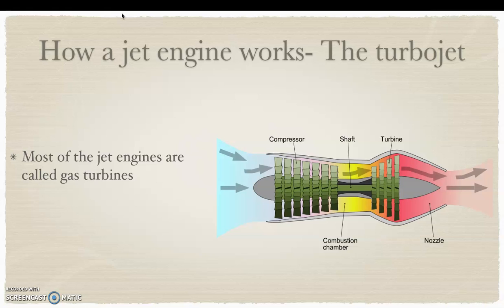For our STEM project last week, I did see several students who created a jet engine, and most of those jet engines were gas turbines, which is a turbojet. A turbojet is the simplest gas turbine engine. So inside that engine, there will be a rotating turbine to make that engine work.